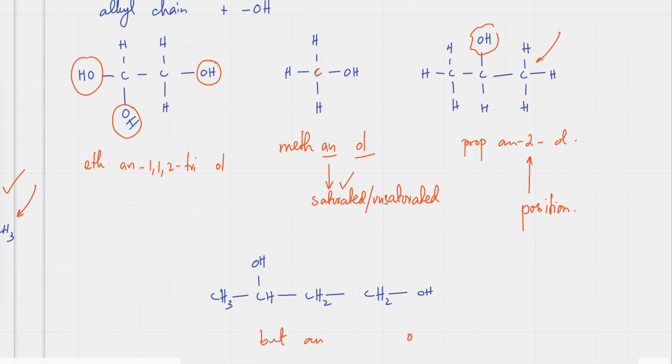Butanol. OL indicates that there are OH groups, but there are 2 of them, so you're going to call this diol. What are the positions? You can count from this side or from the other side. If you count from this side, that gives you the smaller number. This would be 1, 2, and this one is at 3. So you've got 1 at 1 and 1 at 3. So it's going to be butane-1,3-diol. Is this clear?